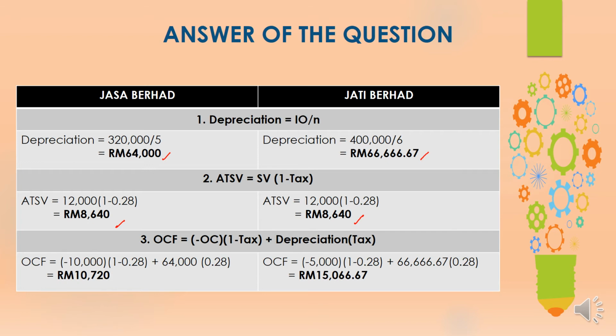So we get the OCF for Jasa of 10,720 ringgit. Then for Jati Berhad, negative OC equals 5,000 ringgit, times 1 minus tax, plus the depreciation value of 66,666 ringgit and 67 cents times the tax 0.28. So you will get the OCF for Jati of 15,066 ringgit and 67 cents.